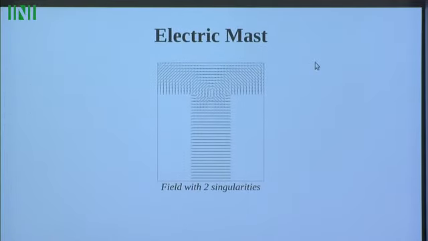So these are some pictures that were shown by Per yesterday. This method could be applied, for instance, to the optimization of an electric mast. Here we applied loads on this side and this side, and the electric mast rests on the floor.